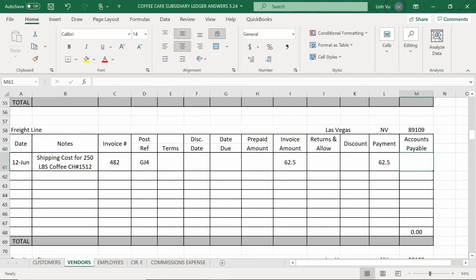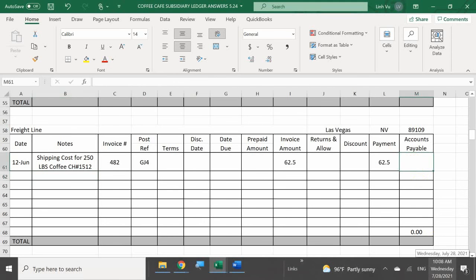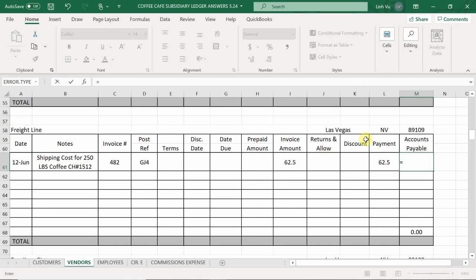Once again, the formula for this is going to be your invoice amount, subtract your prepaid, subtract returns and allowances, subtract your discounts, and subtract your payments. And there shows me that I owe Freightline $0, right?